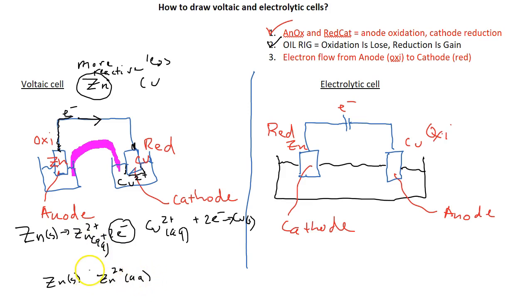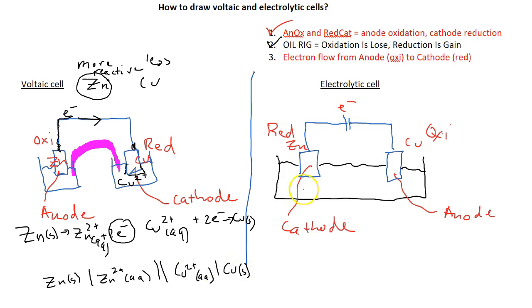And then you're going to put a short line in between. So this one's before, this one's after. And then you're going to put a double line like so to separate the 2 buckets, essentially. And on this side, same thing. Before you have copper 2+, after you have copper solid. So a short line to separate before and after. Done.